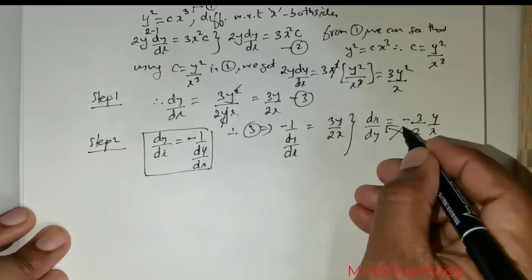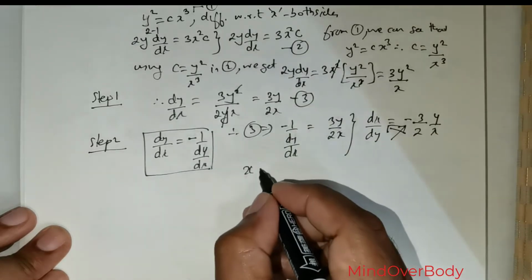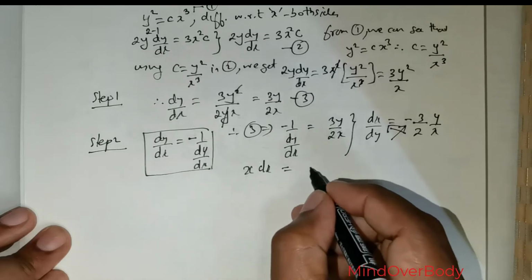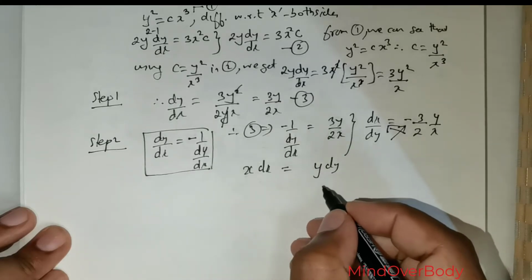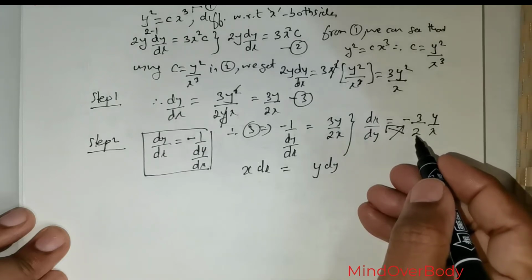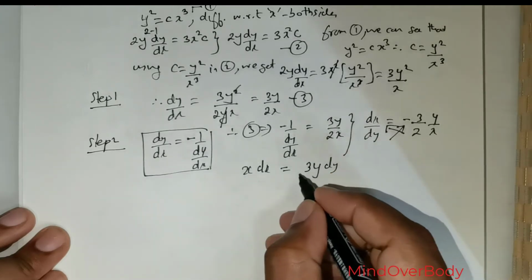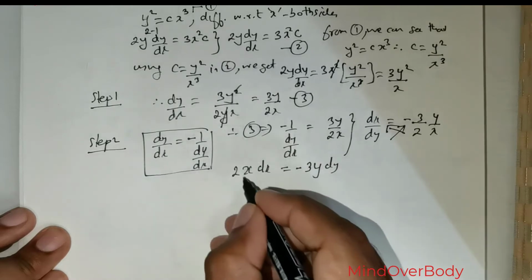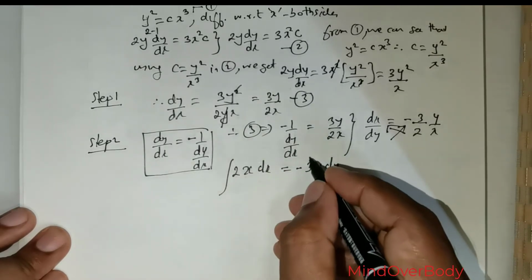By using the variable separable technique, I can rewrite this as x times dx is equal to y times dy. Of course we have to be concerned about the 2 and the 3, so I can place a 3 here with a negative sign and a 2 here, so I can integrate both sides.